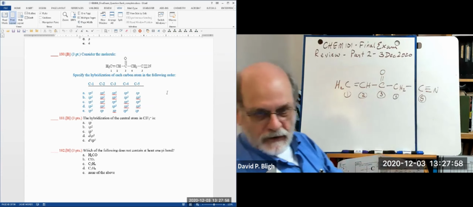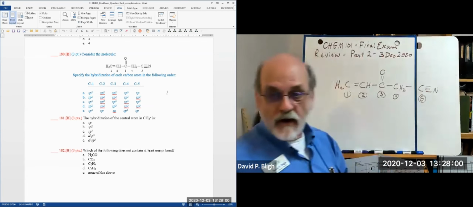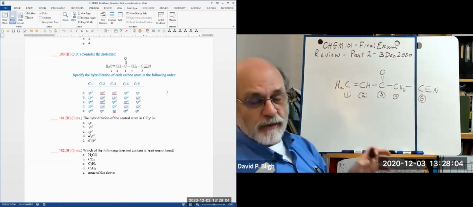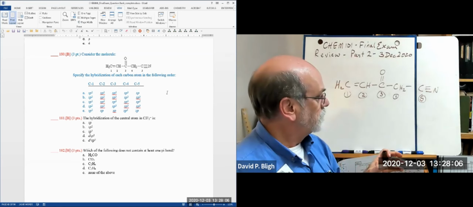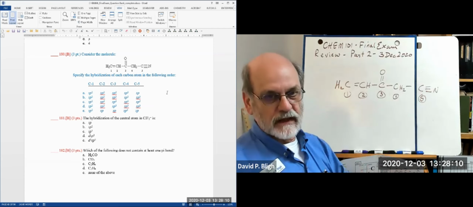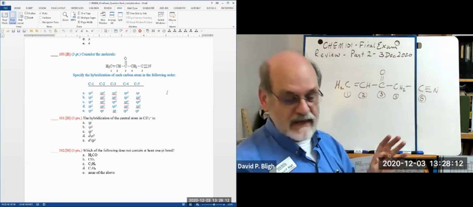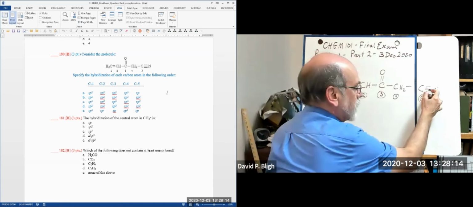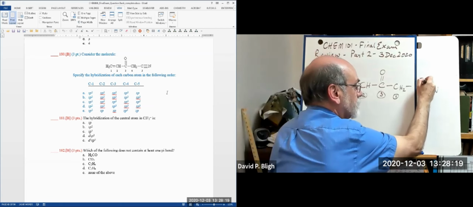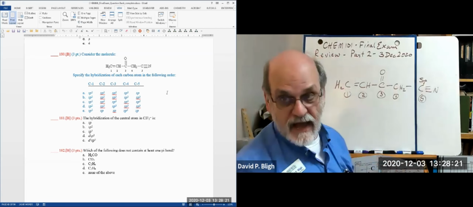Now, what type of hybridization? Well, we know that if you have a triple bond, or if the molecule is linear, it's what? sp, right? So here this is linear, so it's sp hybridization.